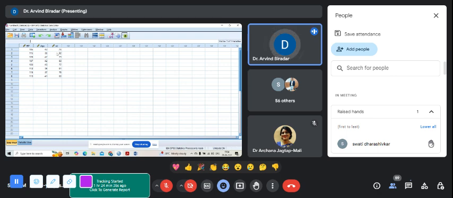Okay, but here age is more, weight is less, BP is 120. Here age is less, weight is 81, BP is 112.